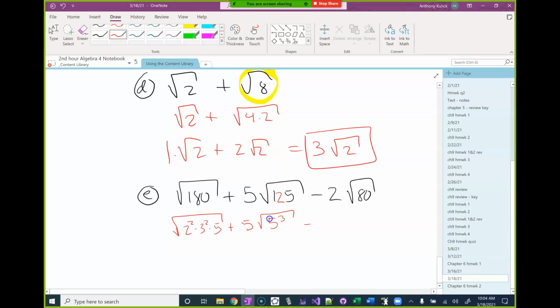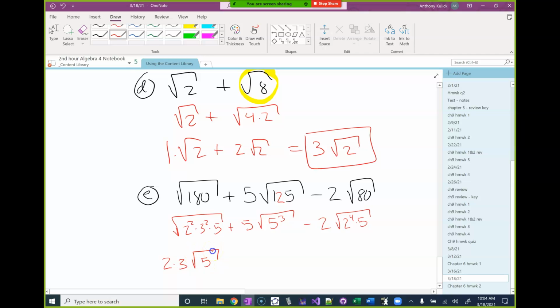So if I look at the first radical, I can take out a 2 and we agree? The second radical, I can take out a 5 and I'm left with still 1 5. Everybody good with that? And I look at the last radical and I can take out 2 2's, right?